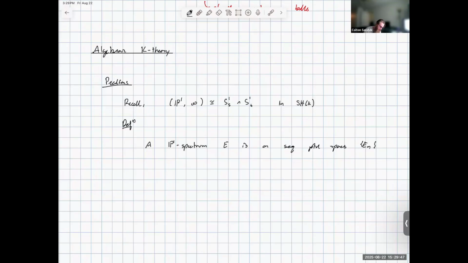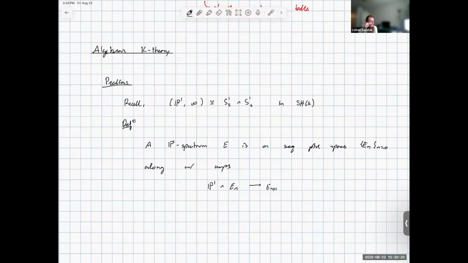En, 2En plus 1, along with maps, P1. The P1 spectra are a little more natural in terms of the types of cohomology theories we're going to encounter. It's really just a renormalization of the bispectrum that we've already encountered.